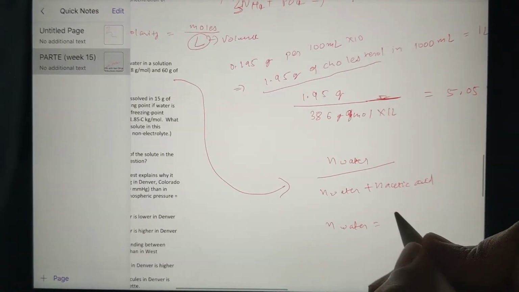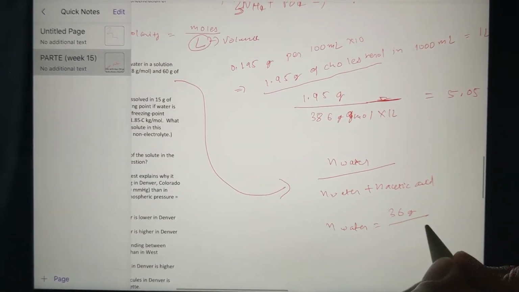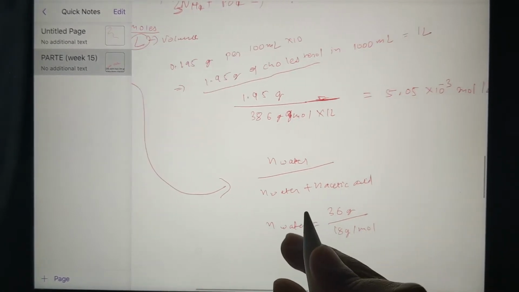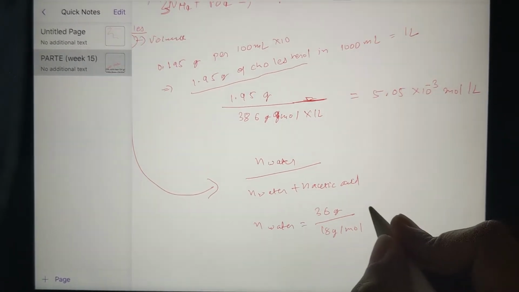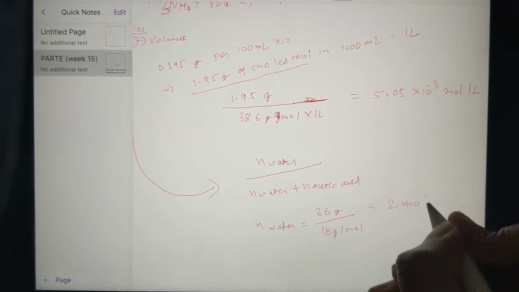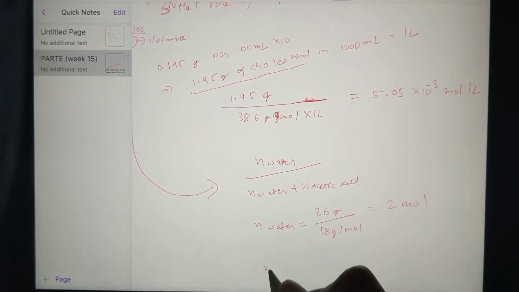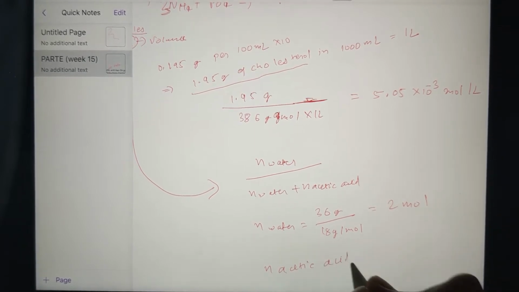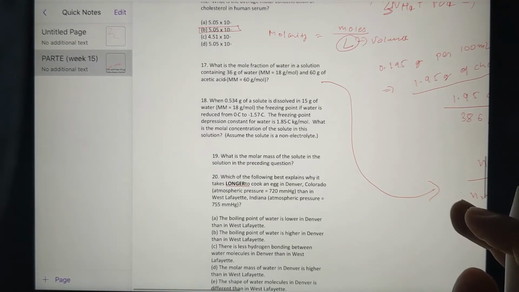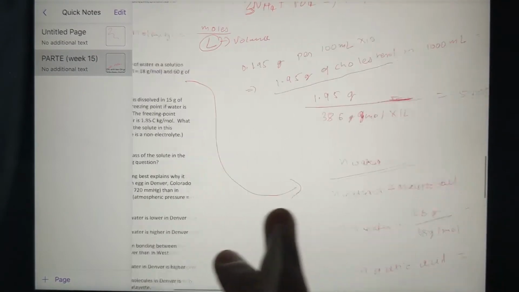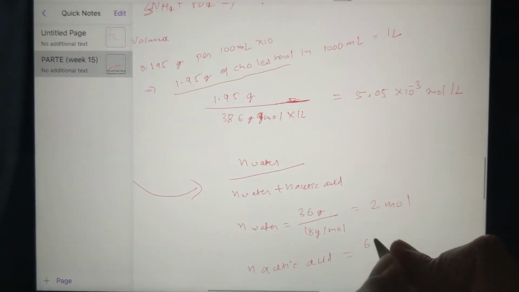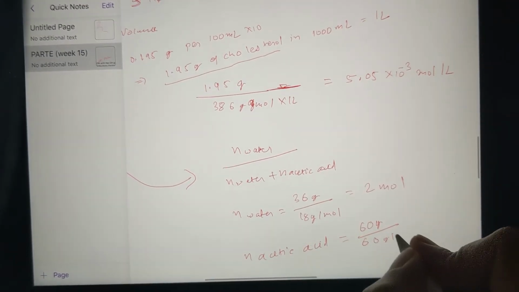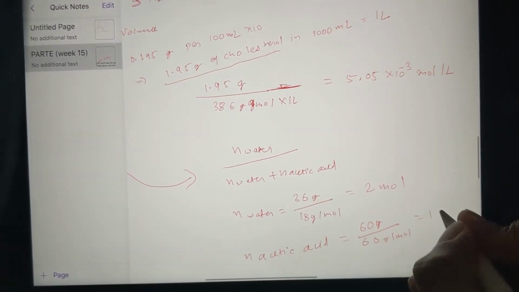So this is 2 mole, and the number of moles of acetic acid is going to be 60 gram divided by 60 gram per mole, which is 1 mole.